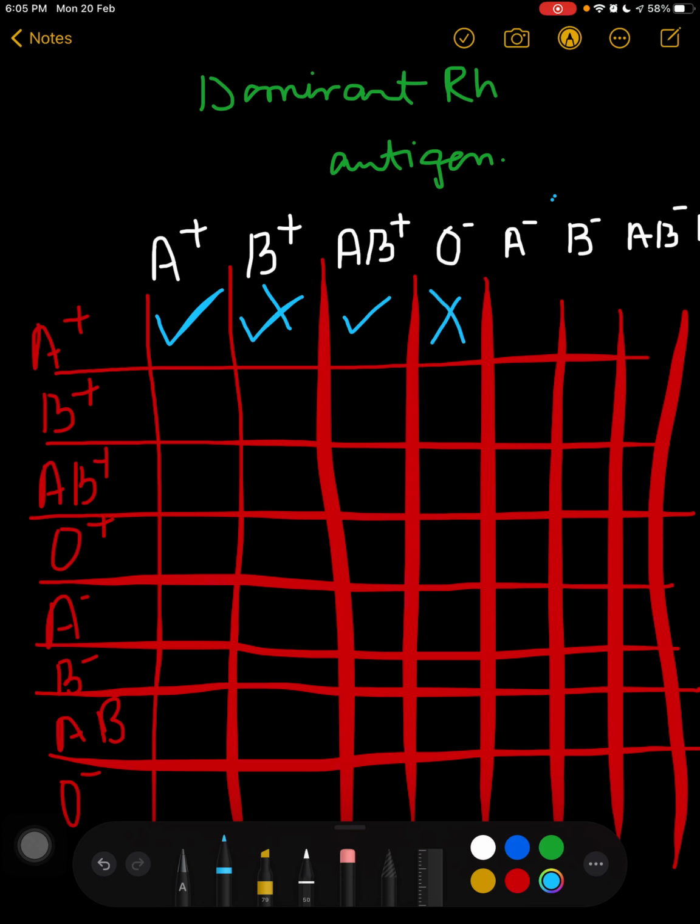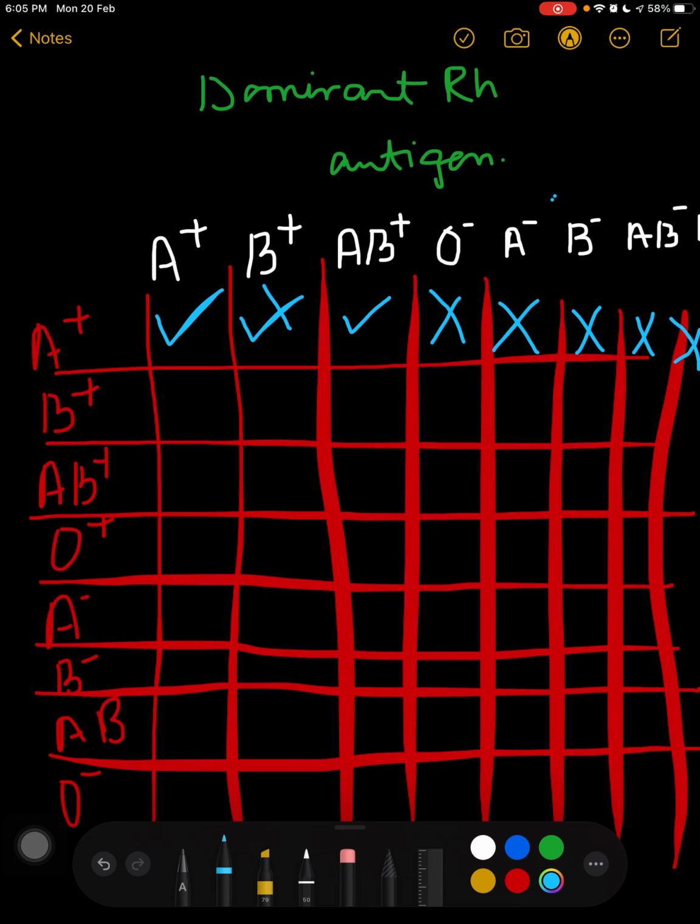This A negative, in the first transfusion it can easily accept, but not for the second. So here we will apply cross. Basically this A negative has antibody against Rh, so obviously it can't, so cross. It has also cross, cross and cross, right?